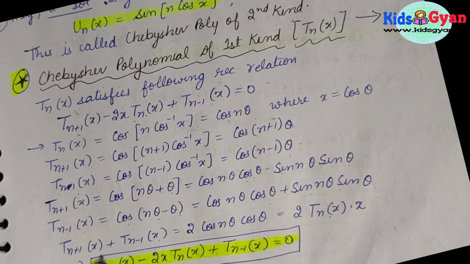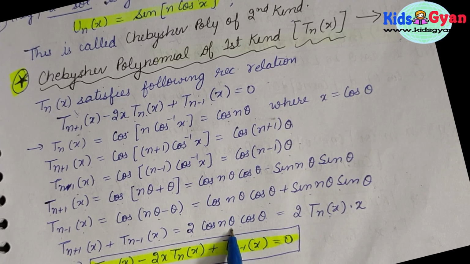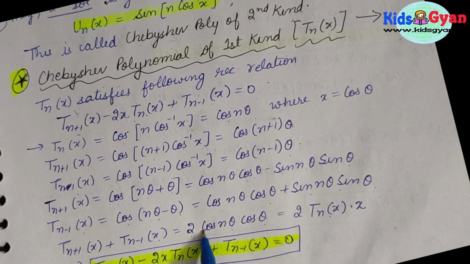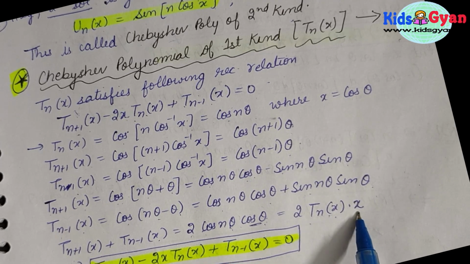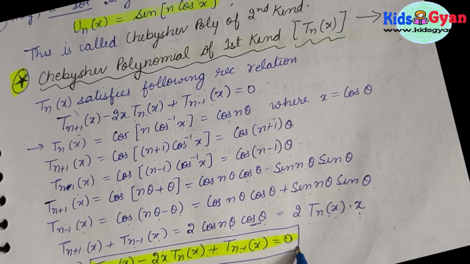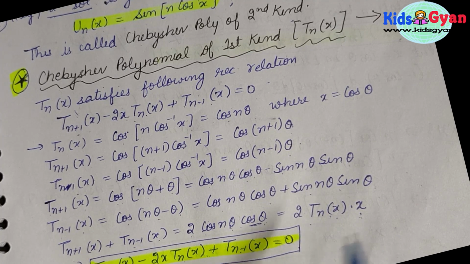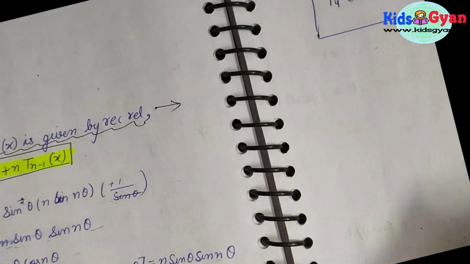So Tn+1(x) plus Tn-1(x), adding both of these terms, we get 2 cos n theta cos theta, and cos n theta is Tn(x) and cos theta is x. So we get Tn+1(x) minus 2x Tn(x) plus Tn-1(x) equal to 0, and this is the recurrence relation of Tn(x).